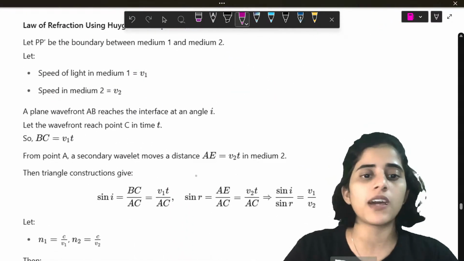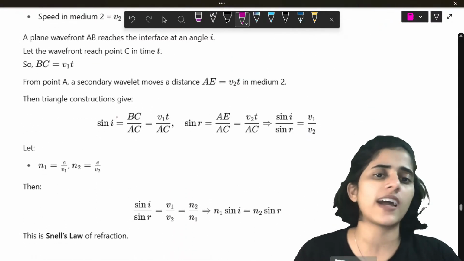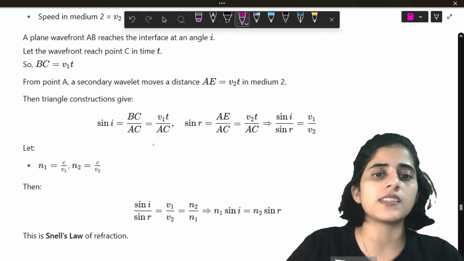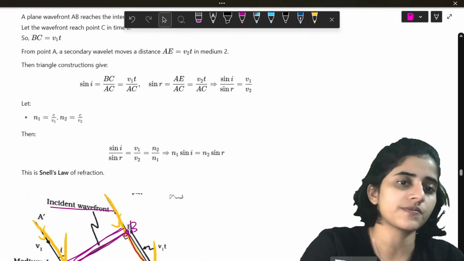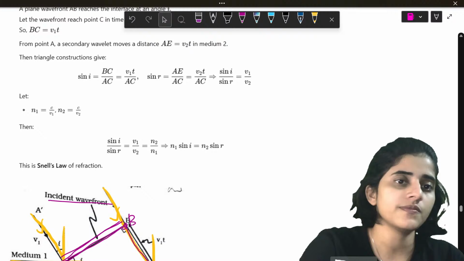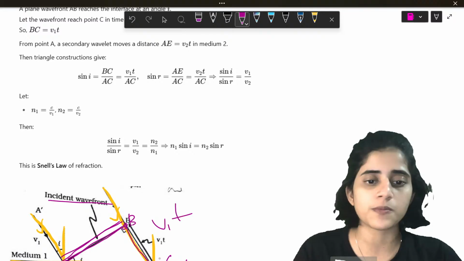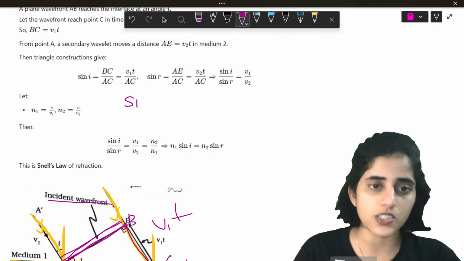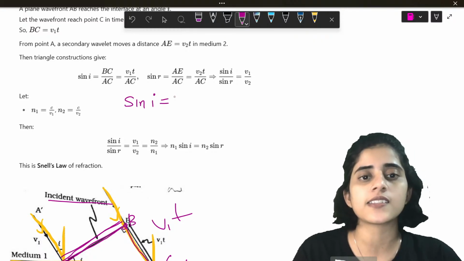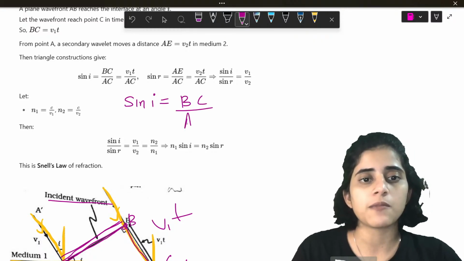Now, let's do the math. You just have to find out the angles. C is this point. BC is V1T, from B to C. This is V1T. What is sine I? Sine I is BC by AC.